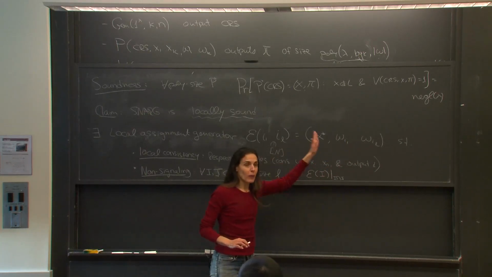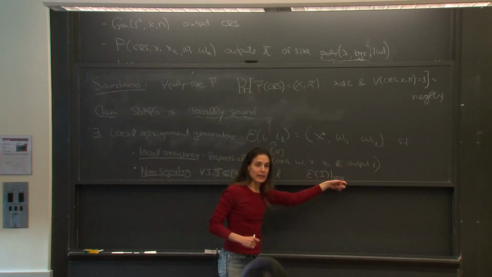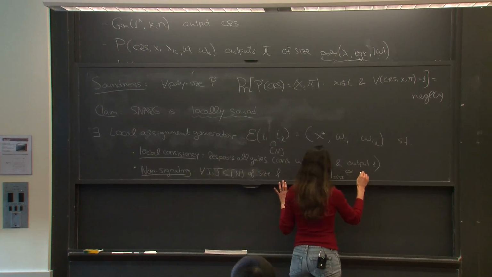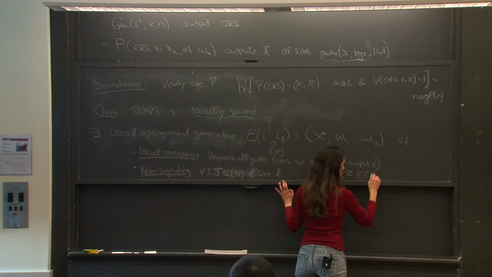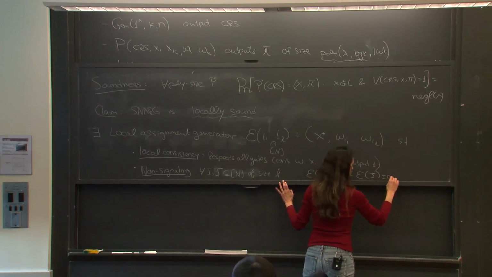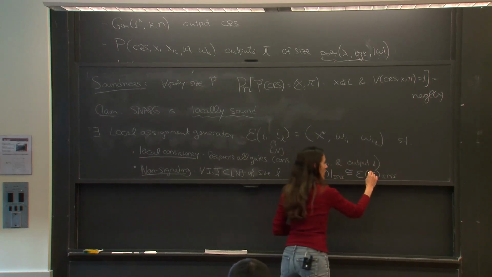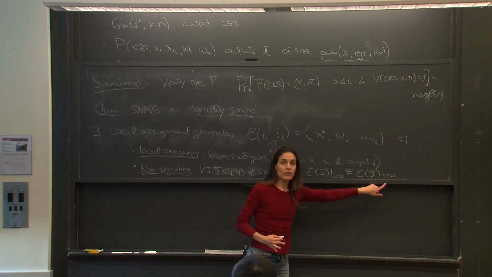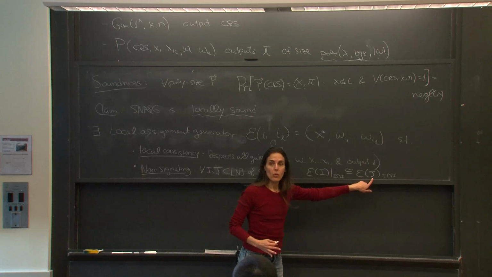Let's look only at the W's in the locations that are both in I and in J. The distribution of them is indistinguishable from the distribution if you looked at these coordinates with set J.